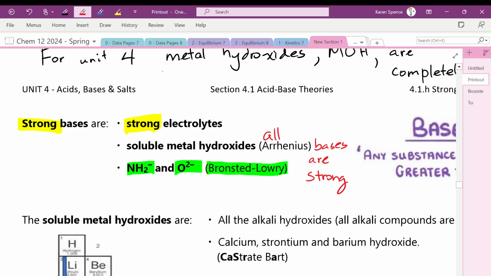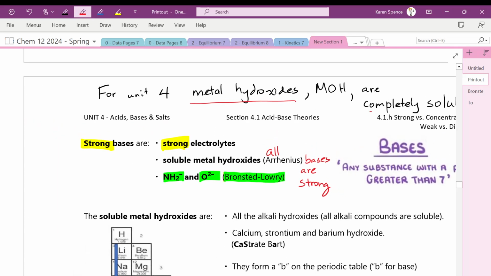Why? Because metal hydroxides, which are Arrhenius bases, are completely soluble. Can you guys give me an example of a metal hydroxide? NaOH. Great example. Love that one.